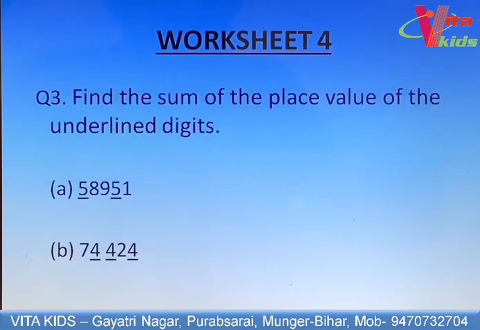Question 3. Find the sum of the place value of the underlined digits. Now this is one step ahead. The first one, 58951 and both the 5s are underlined. So what you have to do, you have to find the place value of both the 5s. I hope you remember how to find the place value.